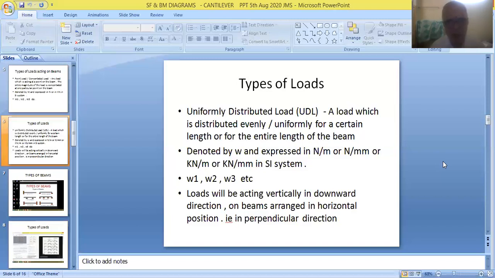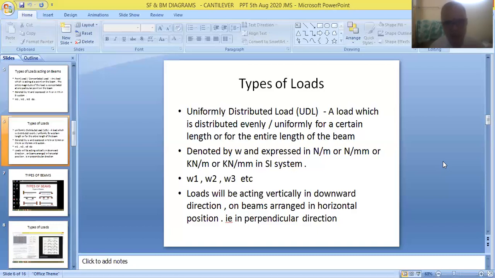And these loads are expressed either in terms of Newton per meter, or Newton per millimeter, or kilonewton per meter. Finally, they can also be expressed in terms of kilonewton per millimeter. So different kinds of units will be given in different problems.